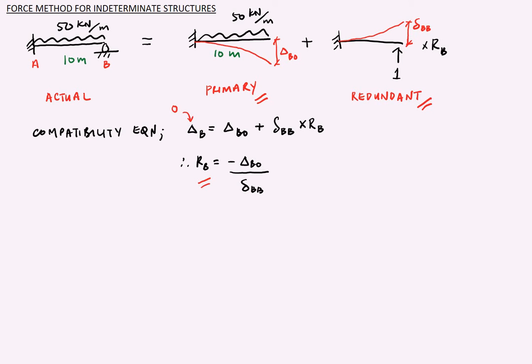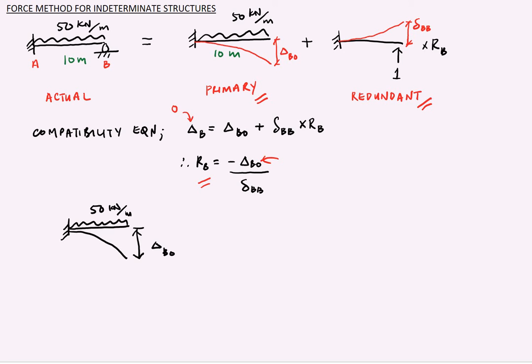So let's see. To find first delta B naught here, okay, notice that in order to find, let me draw the displacement at B first. Okay, due to the primary system, we want to find what's the displacement delta B naught.